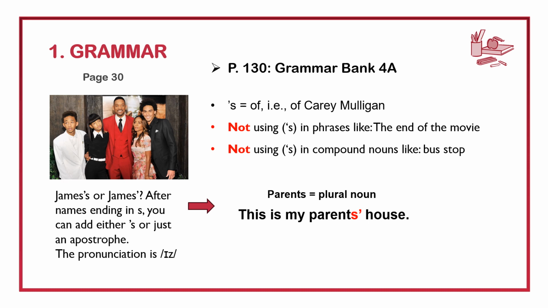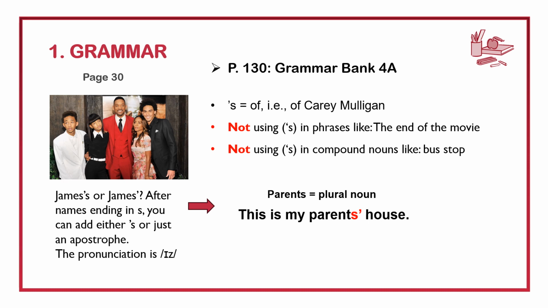And the last example, the end of the movie is fantastic. I live near the city park. So here we have of, because we normally don't use a thing with apostrophe S. When we have a thing, not a person, we use of.